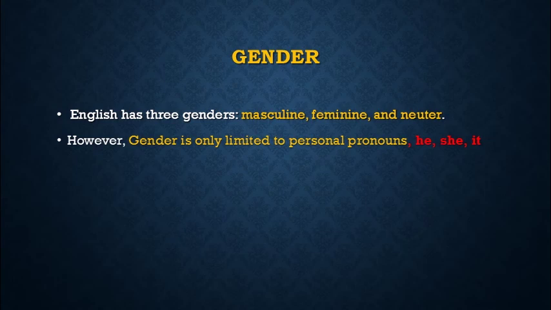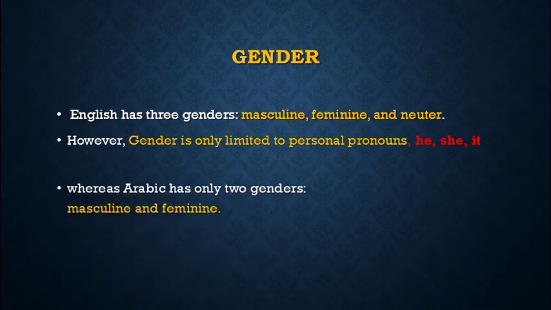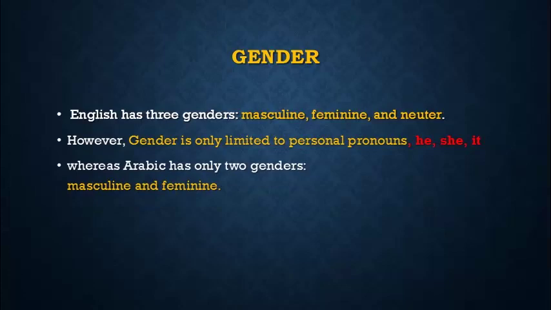And you cannot tell, as we said, from the word form. يعني in Arabic, for example, we have only masculine and feminine, and you can tell from the form itself, the form of the noun or the form of the adjective, whether it is masculine or feminine.